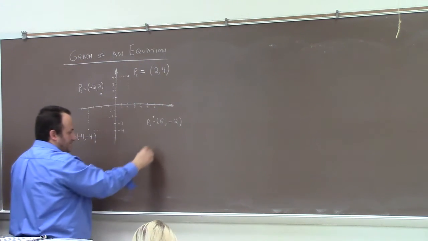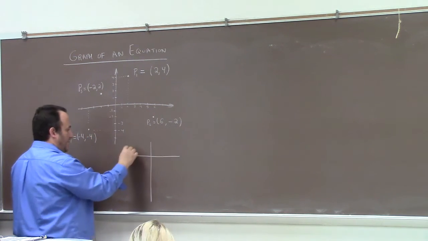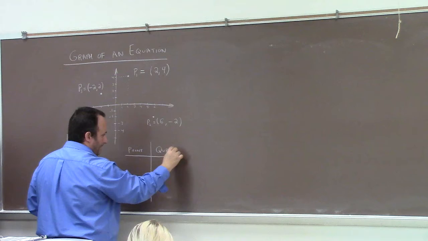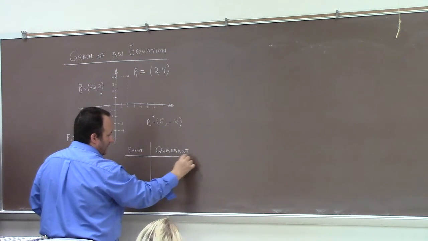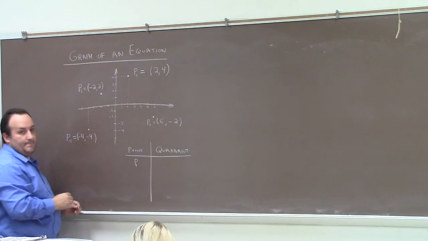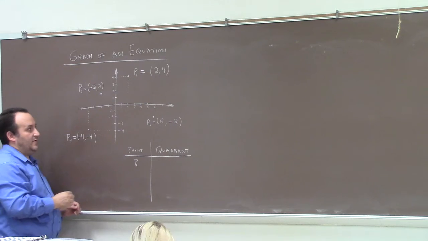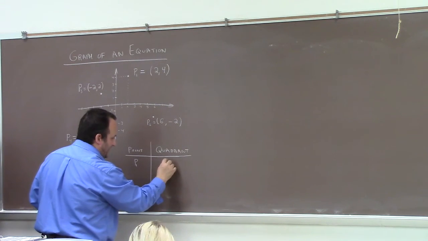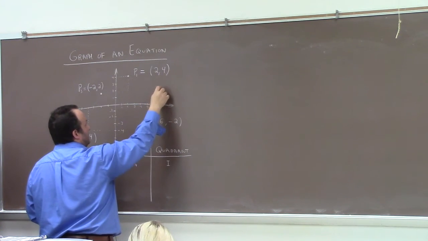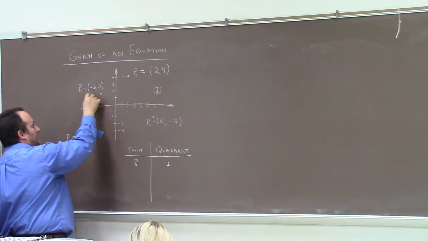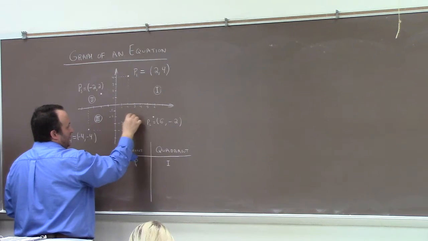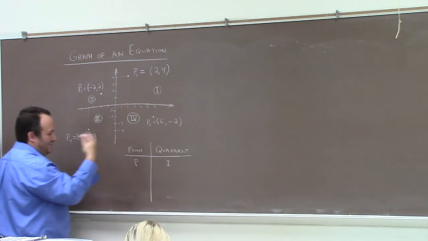So just a reminder, quadrants. Point 1 is in quadrant what? Yeah, quadrant 1. And for reasons I don't fully understand, we typically use Roman numerals for the quadrants. So this is quadrant I, this is quadrant II, this is quadrant III, and this is quadrant IV.